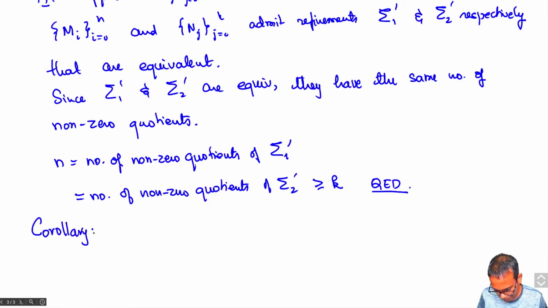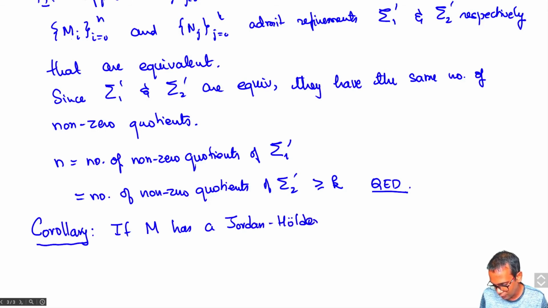Corollary: if M has a Jordan-Holder series, then it satisfies the ACC and the DCC.